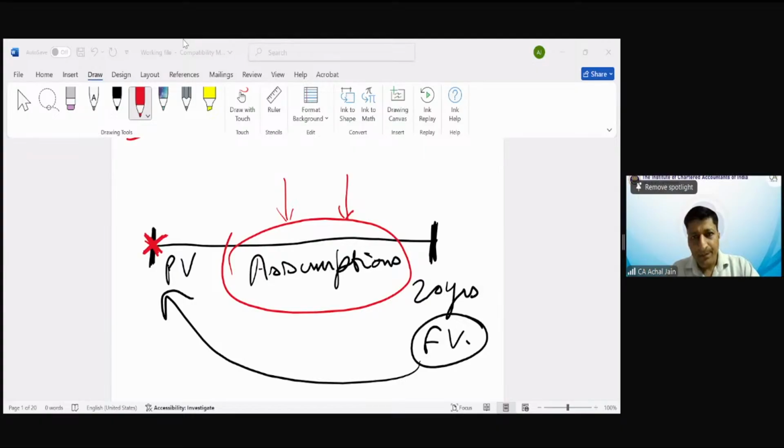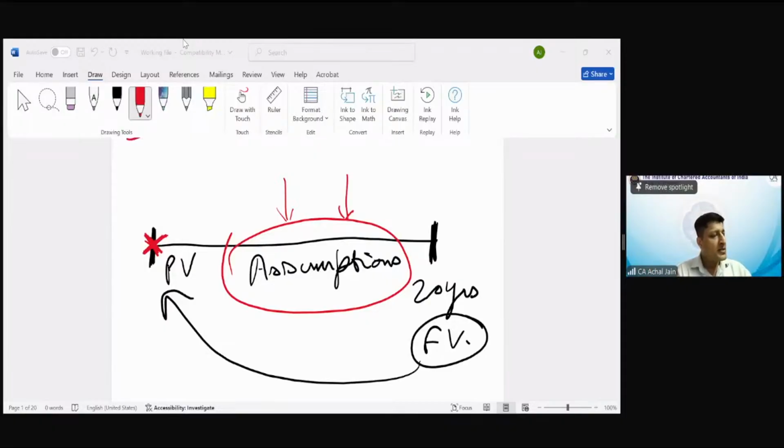Yes, that's correct. And because you reduce the liability, that's why you are getting a gain. That's primarily the reason you are getting that gain. Clear, Ishan? Okay, very good.